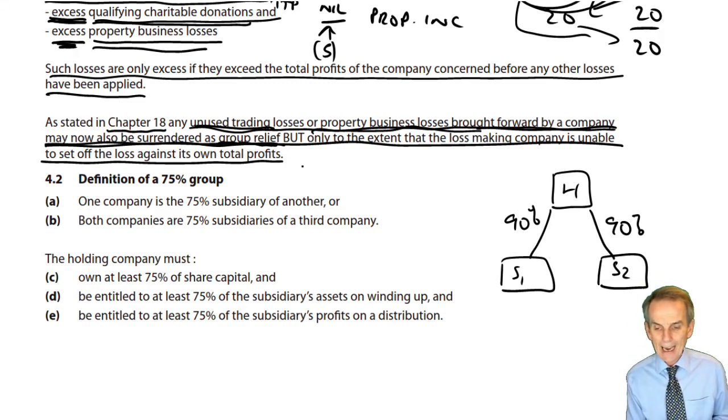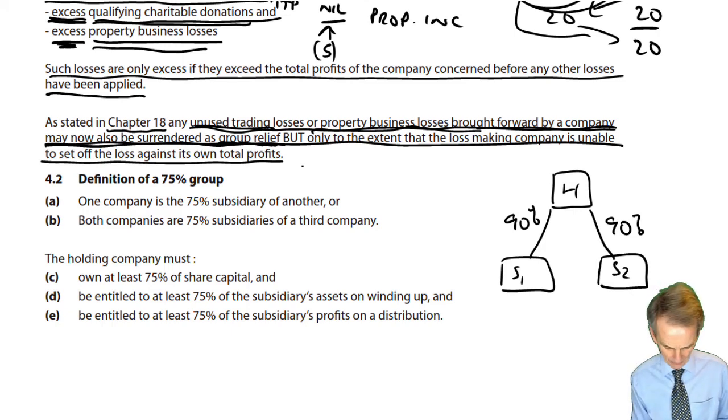So if we have a company that has such a loss brought forward, then we must firstly apply any such brought forward loss against the total profits of this company's current accounting period. Only then, if those losses were unused, could they be surrendered in the form of group relief.